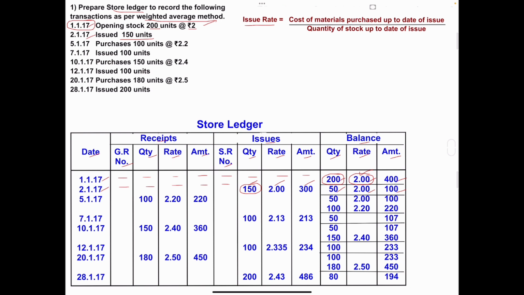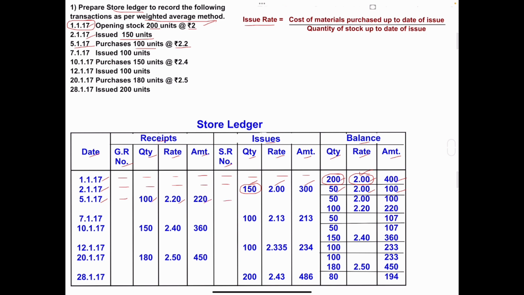Next entry is on 5th January. Purchased 100 units at rupees 2.2. Write this entry in the receipts column, 5th January. Number of units 100. Rate per unit is 2.20. 100 into 2.20, amount is 220.